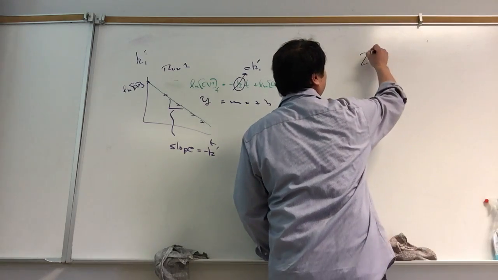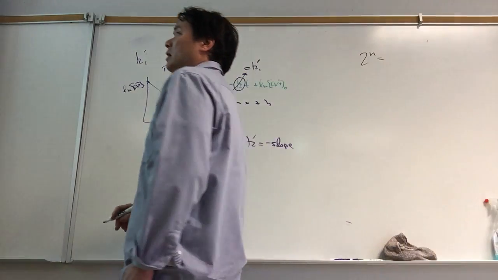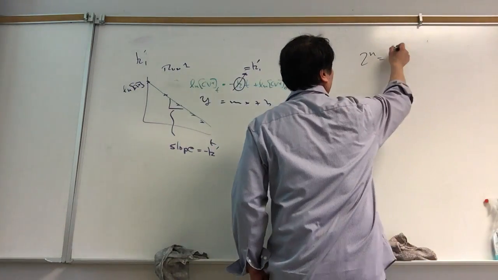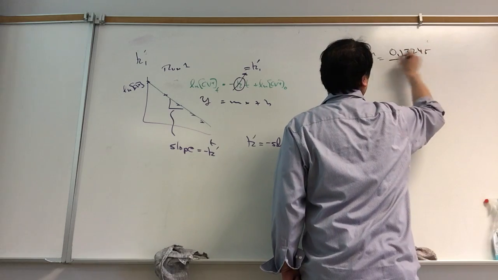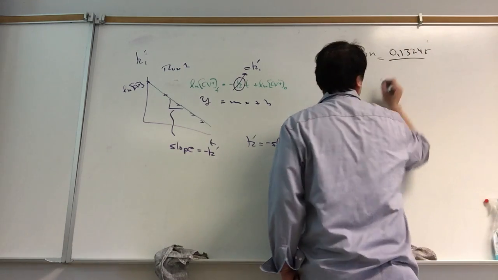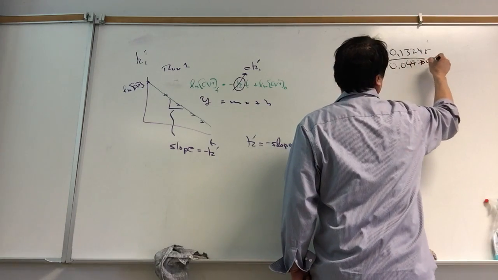And so I get 2 to the n is equal to k prime 2, the slope, 0.13245, over k prime 1, which is 0.044789.